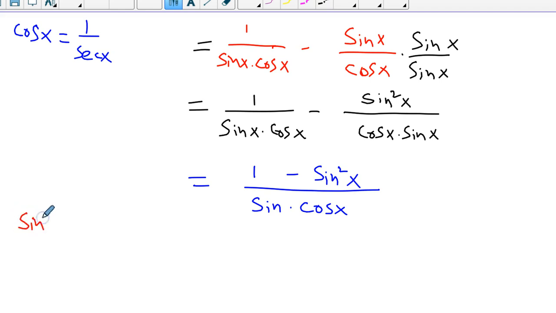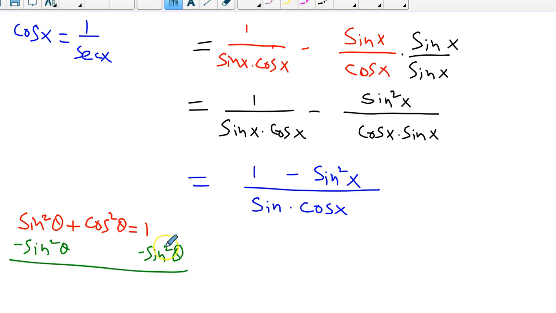If I move the sine square to the other side, that is, subtracting sine square theta on both sides, what happens? Take away sine square theta, there also take away sine square theta, to give you, cancel out, bring it down, cosine square theta.